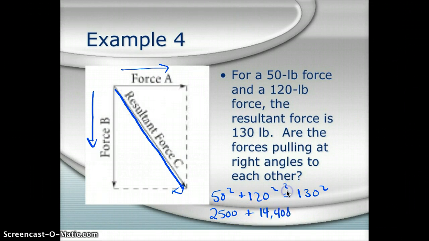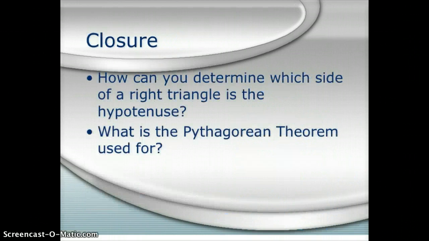And we want to know, does this equal 16,900, which is 130 squared? Well, lo and behold, that does equal 16,900. So because a squared plus b squared really does equal c squared, yes, they are pulling at right angles toward each other.